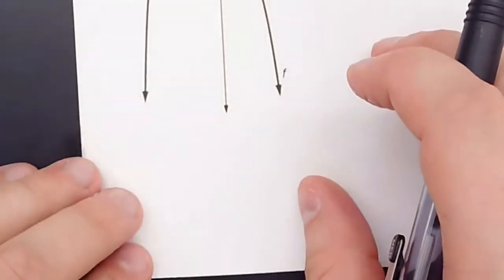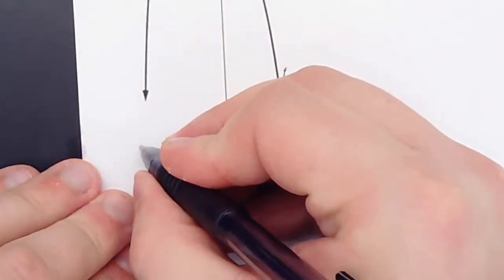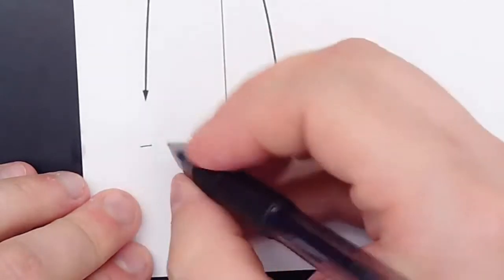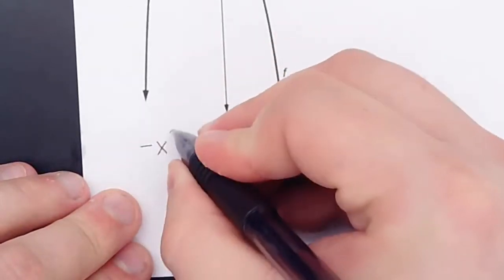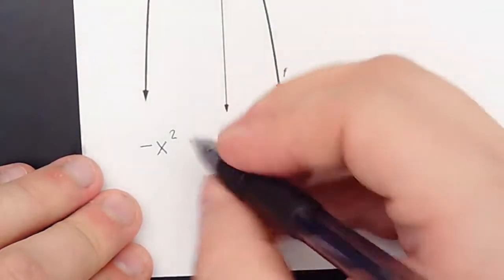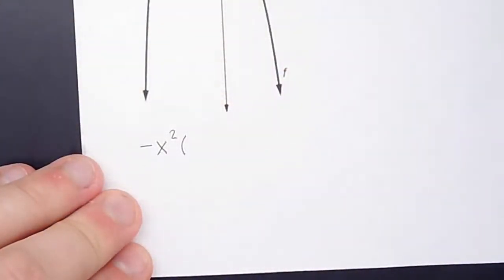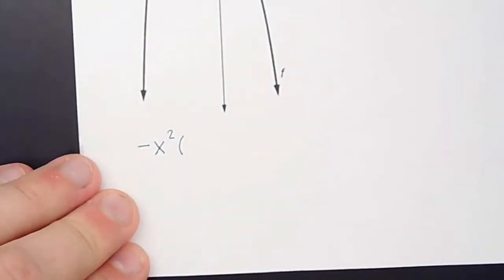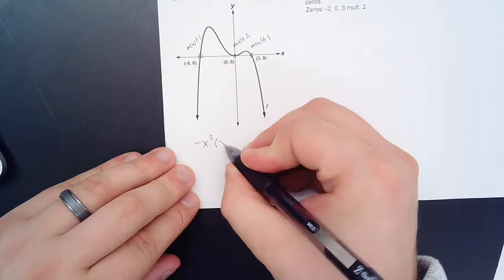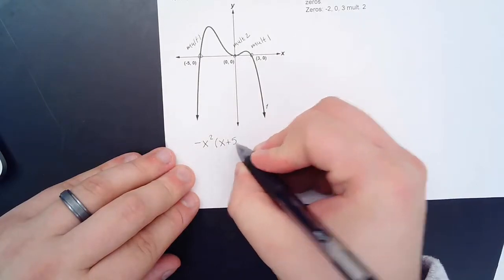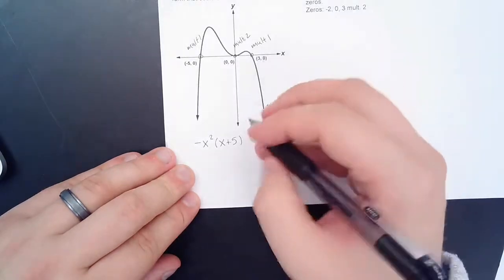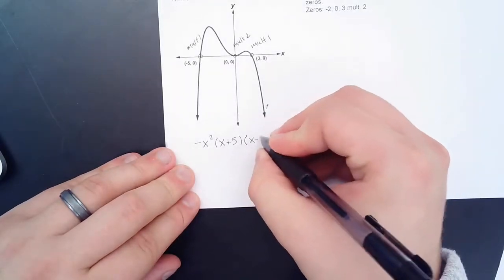So I'm going to say this is going to be negative x squared times, I have a zero at negative 5, so in factored form that's actually going to be x plus 5. And I have a zero at 3, so in factored form, that's x minus 3.